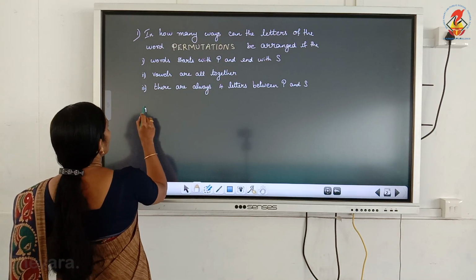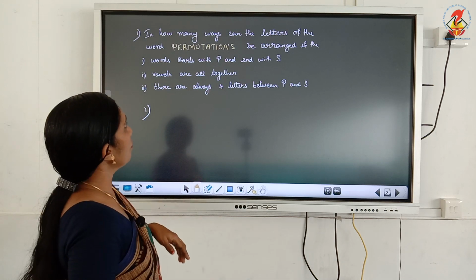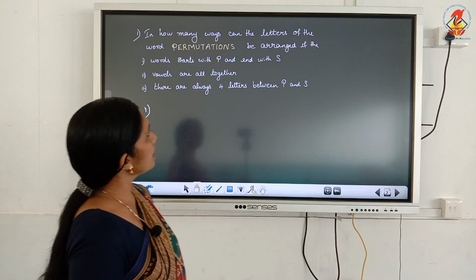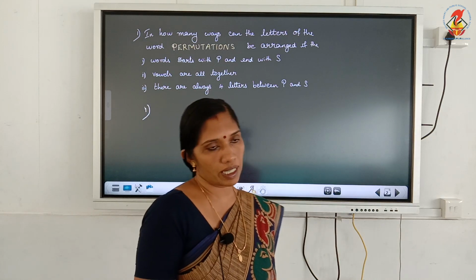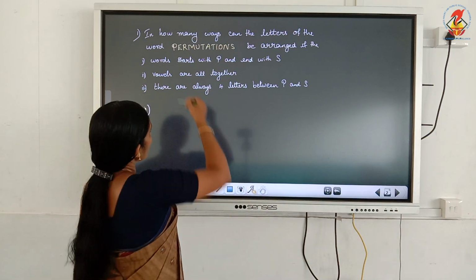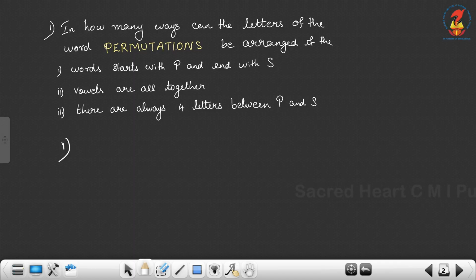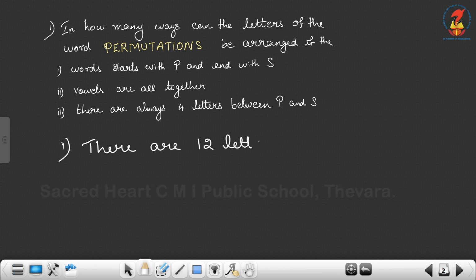In how many ways can the letters of the word PERMUTATIONS be arranged if the word starts with P and ends with S? So in PERMUTATIONS, how many letters are there? 1, 2, 3, 4, 5, 6, 7, 8, 9, 10, 11, 12. There are 12 letters in the given word.